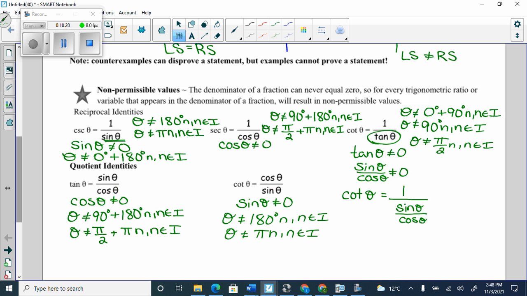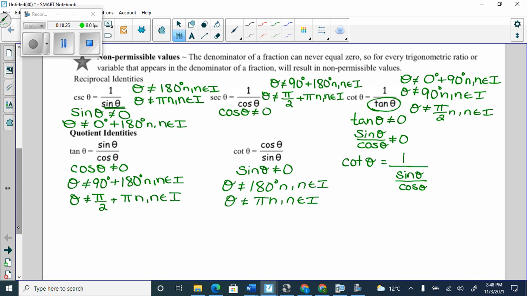Now what if instead of 1 over tan, I gave you 1 over cotan, just to try? What if I gave you this? What is cotan? What's cotan also? Cos over sine, isn't it? So this would be the same as 1 over cos theta sine theta.